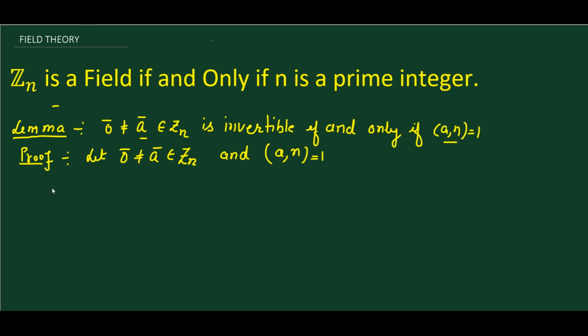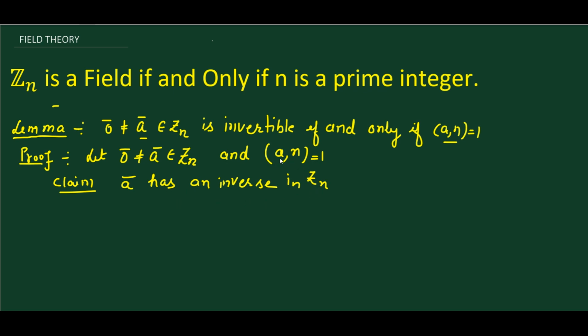What we have to show is that a has an inverse in Zn. It means this non-zero element is invertible in Zn. So what have we been given?